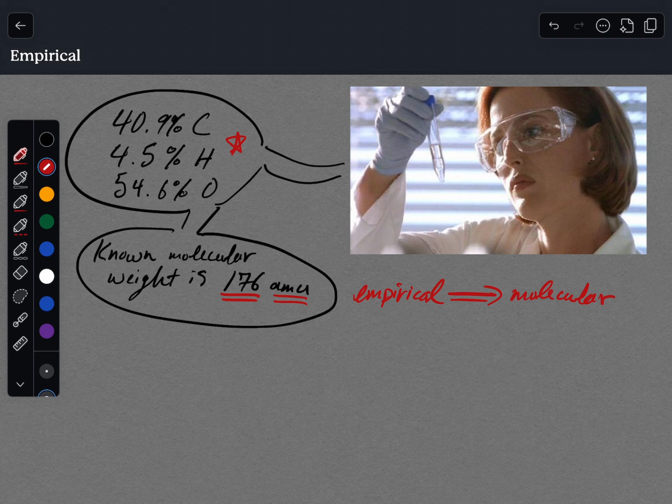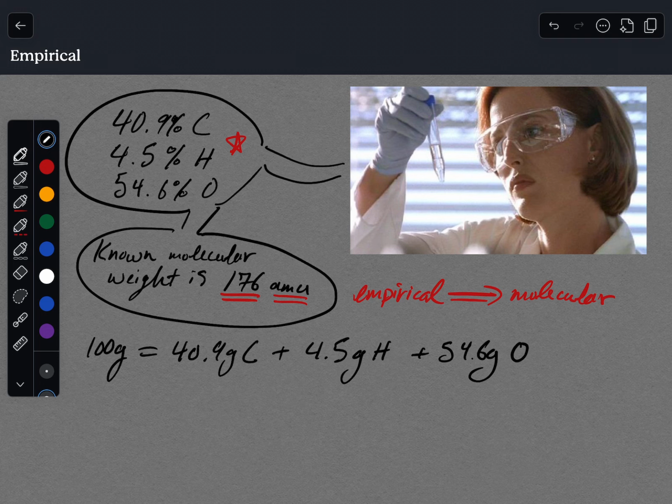So first, let's work out the empirical formula. That is just the ratios of the atoms themselves by number, not by mass, but by number. In other words, the number of moles of each. So same process here. Let's pretend we have 100 grams of this unknown substance. And if we break it up, then it would be 40.9 grams carbon, 4.5 grams hydrogen, and 54.6 grams oxygen.